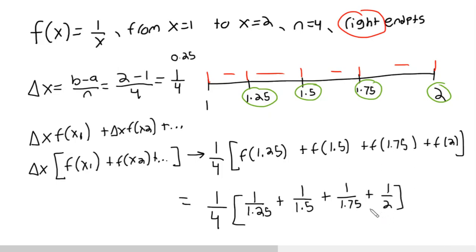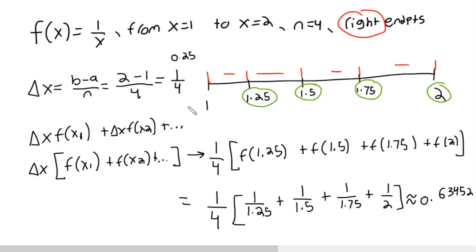And if I plug all that into the calculator, I'll get a value of about 0.63452, and that's about the area under the curve over this interval. Again, this is just an approximation, since obviously these are pretty big rectangles and we're only using 4 of them, so that's not even close to what the exact amount is.